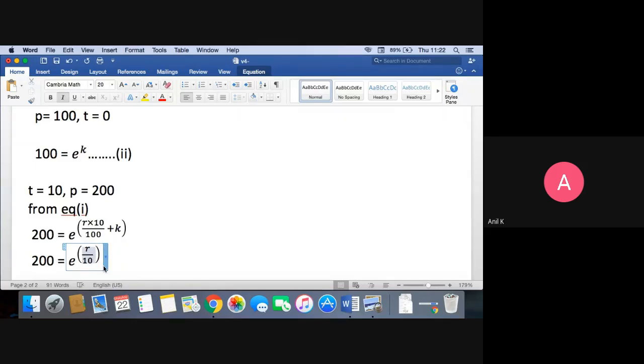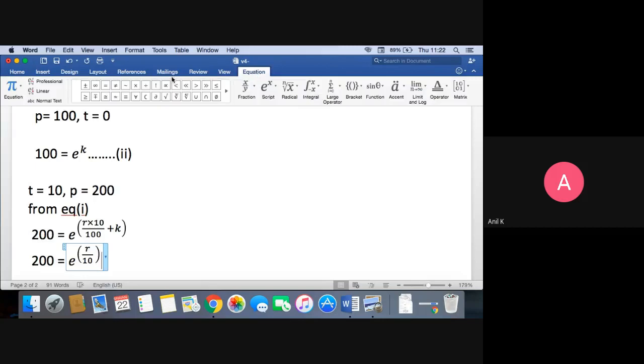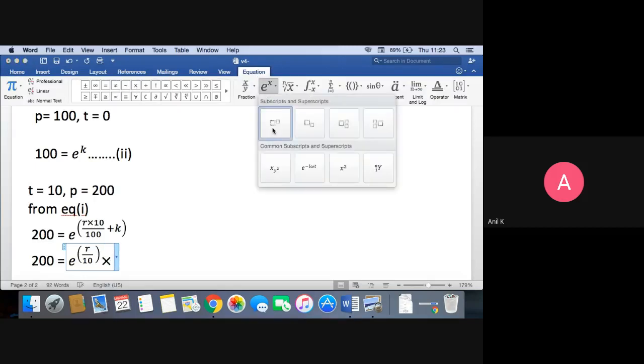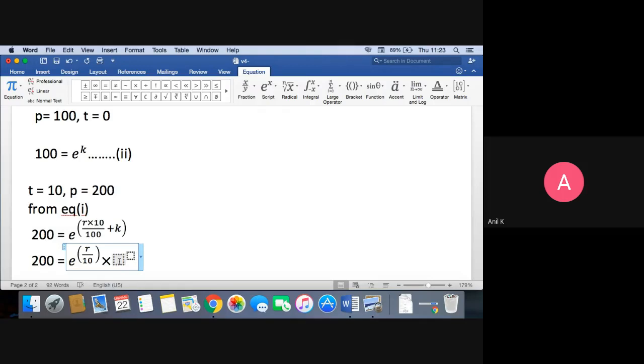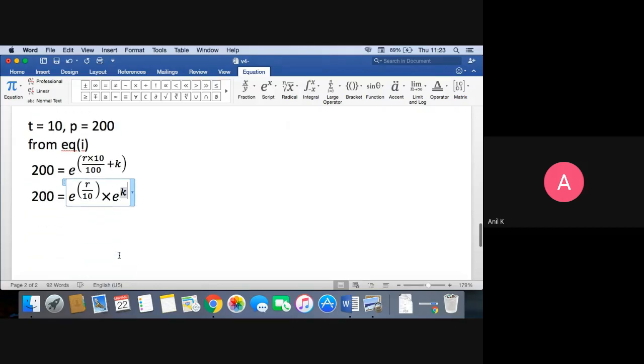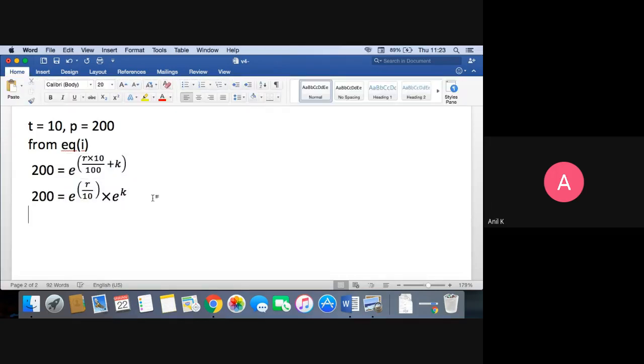Can I write it this way, as e to the power of r by 10 into e to the power of k? Here I am using the formula a to the power of m plus n equals a to the power of m into a to the power of n. That is the formula I used from the above step to the below step. The m value is r by 10, the n value is k. So m plus n, I wrote as e to the power of m into e to the power of n. Now what you can do here is 200 equals, let me put these values as they are.